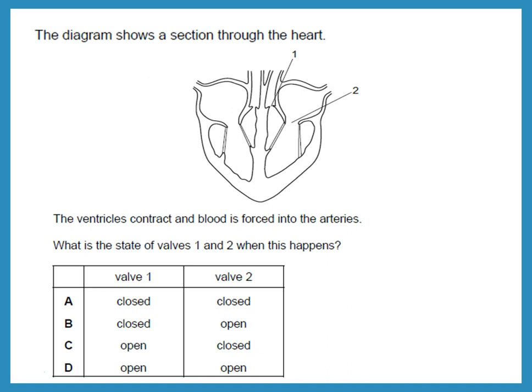But valve 2 has to close because I don't want the blood to go back into the atrium. Remember, valve 2 is the bicuspid valve. It allows blood to go from atrium to ventricle and not backwards. So when the ventricle contracts, valve 2 closes to prevent the blood from going back into the atrium.